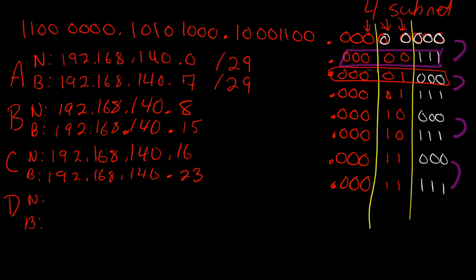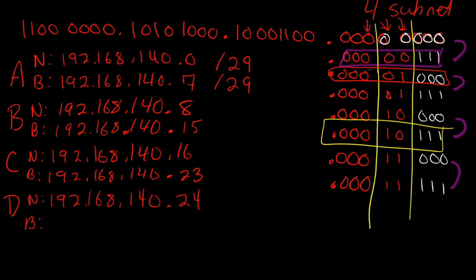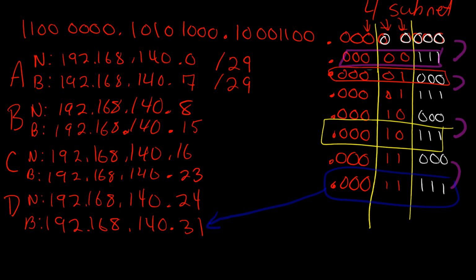That's coming from this broadcast here. And we have 192.168.140.24. And we have 192.168.140.31, which is coming from this address here. Just to give you guys a little bit of hints as to what I was doing.